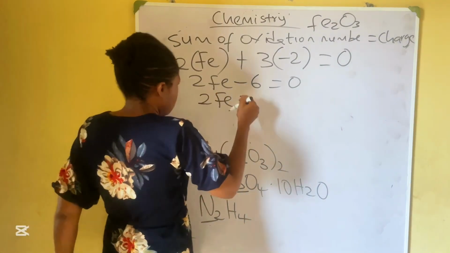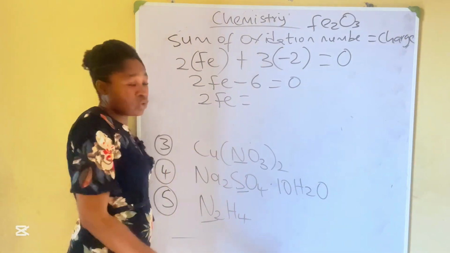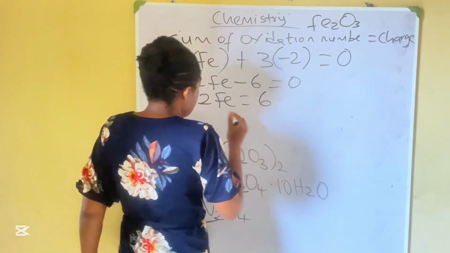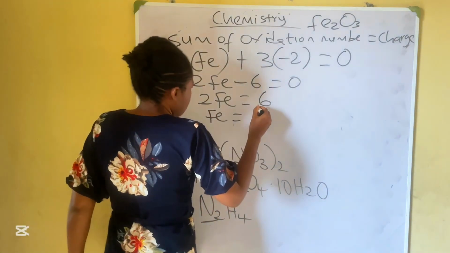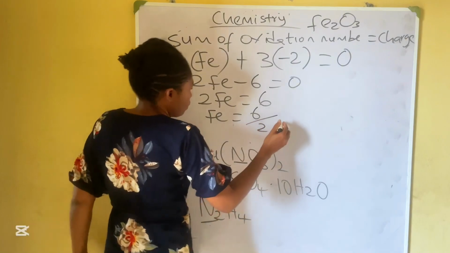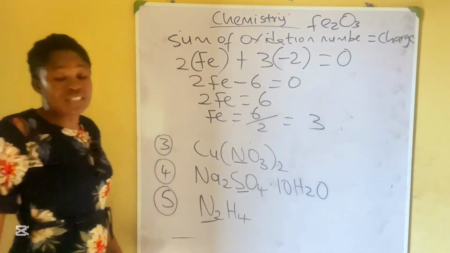Fe is equals to what? If I cross this minus 6 to the other side, it becomes what? Plus 6. Six divided by 2 will now give me what? 3. Remember, it's positive 3.